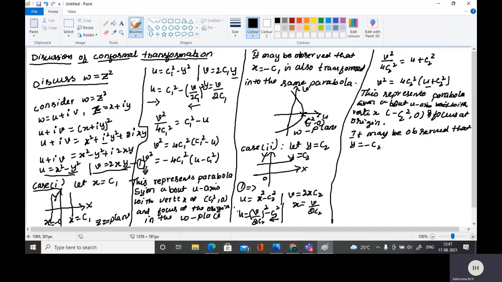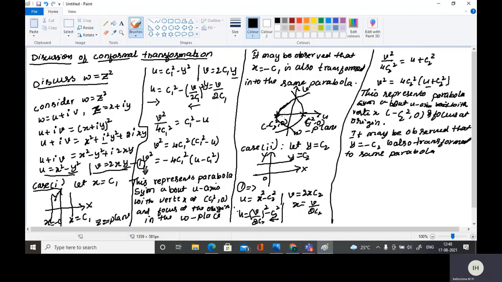It may be observed that y equal to minus c2 is also transformed to the same parabola, symmetric about the u-axis with vertex minus c2 square comma 0. For that I am writing the parabola like this.